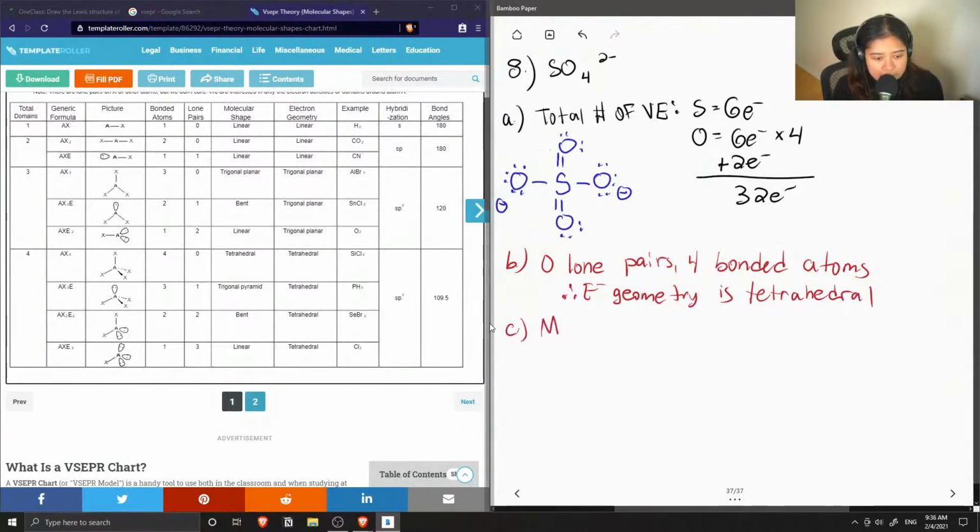And for part C, molecular geometry is also tetrahedral. And the bond angles are 109.5 degrees.